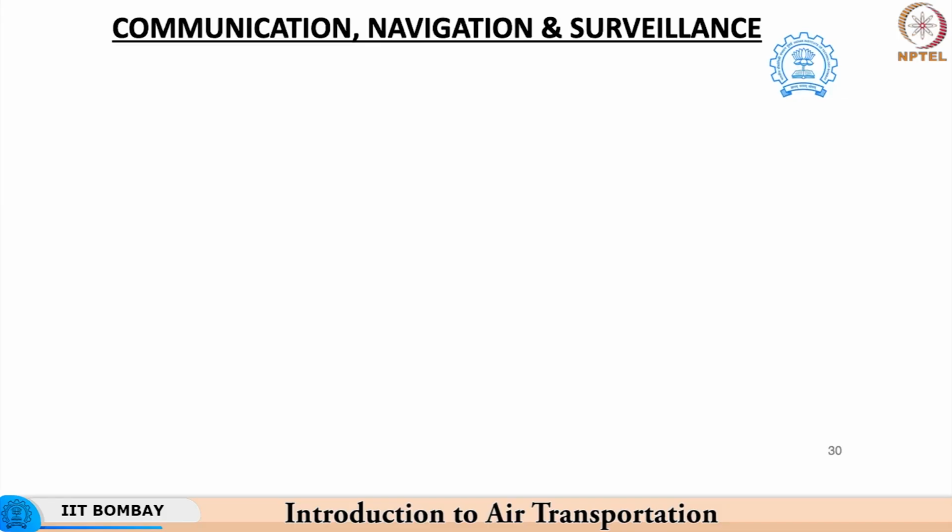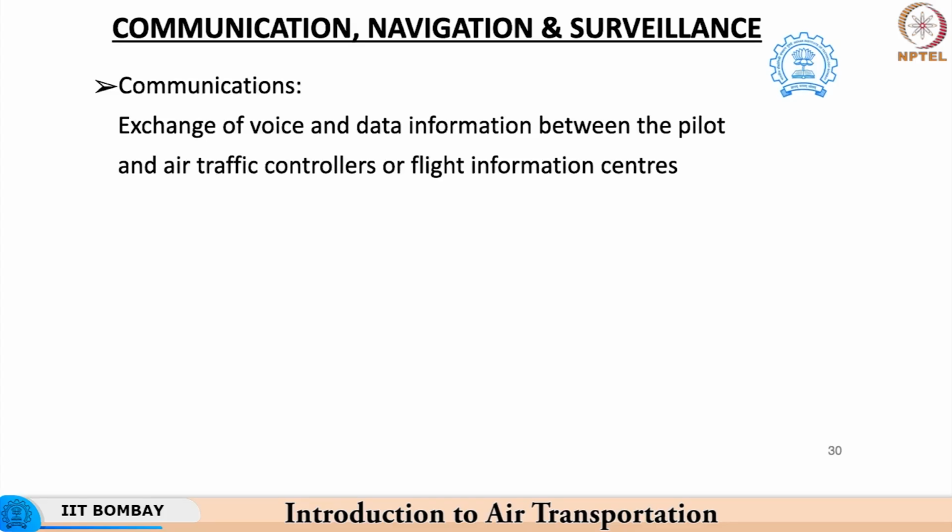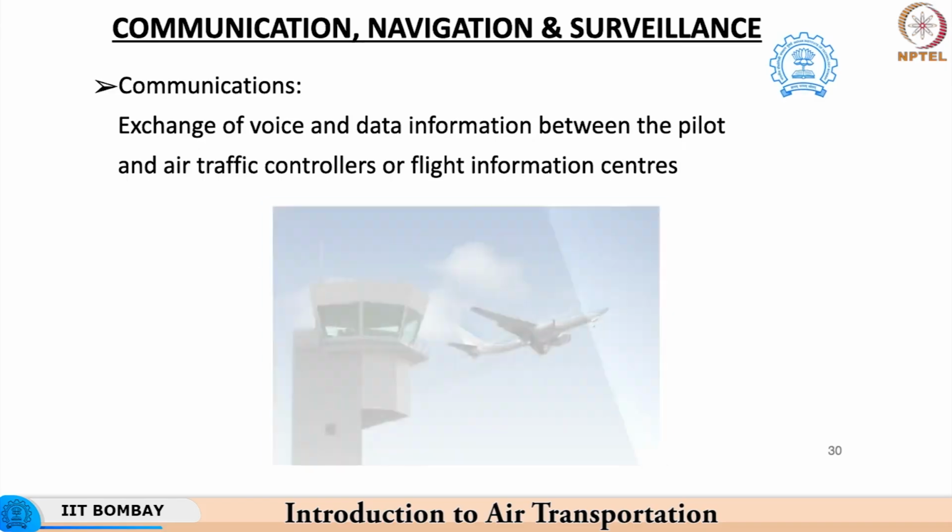Let's understand the three different parts, the three different components associated with CNS communication. So, communication is nothing but the exchange of voice and data information between the pilot and the air traffic controllers as well as the flight information centers. So, there has to be an interference-free, clear way of communicating data as well as voice between the three parties involved to carry out efficient air traffic management.